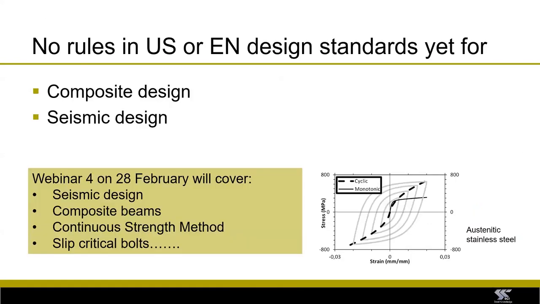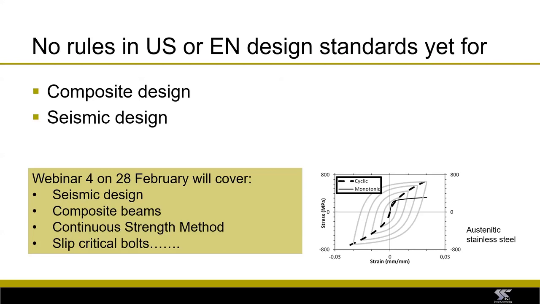I'm going to stop on that topic, but just to let you know that at the moment, there are no rules in American or European design standards covering stainless steel composite design or seismic design, but there's a lot of work going on.